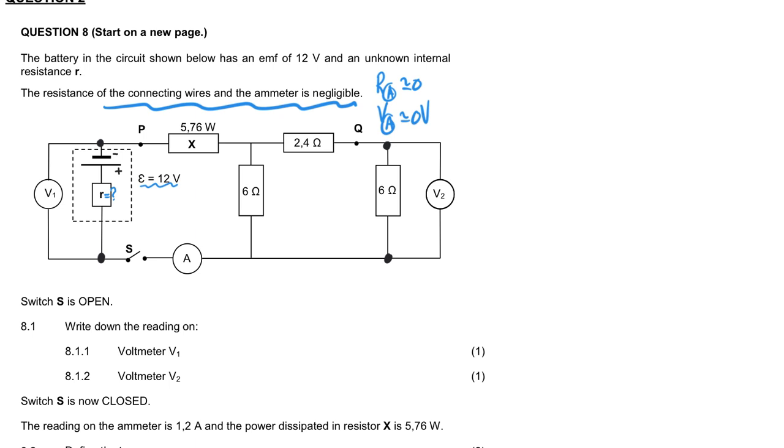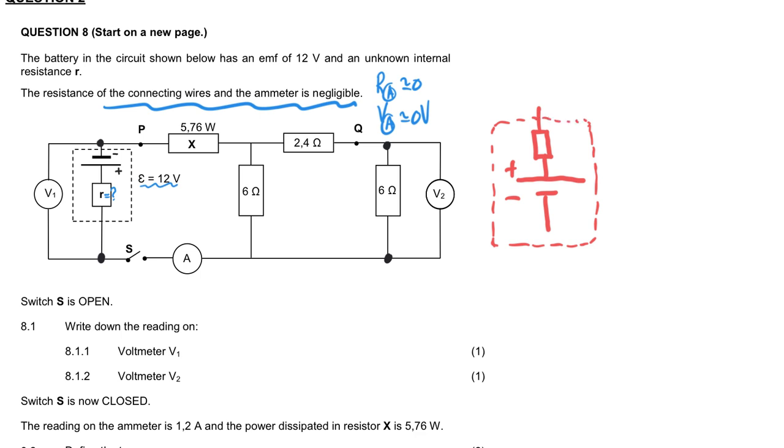So if I now take the battery and draw positive at the top and negative at the bottom, then the internal resistance, whether you put it above or below that symbol, doesn't actually make a difference. We put a little dotted box around it. That denotes the battery.